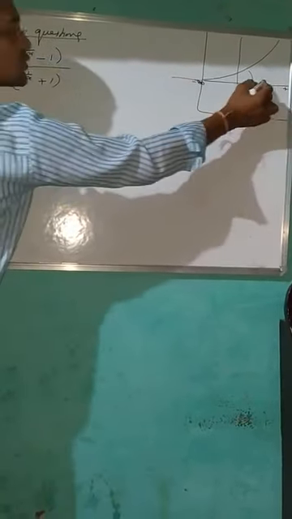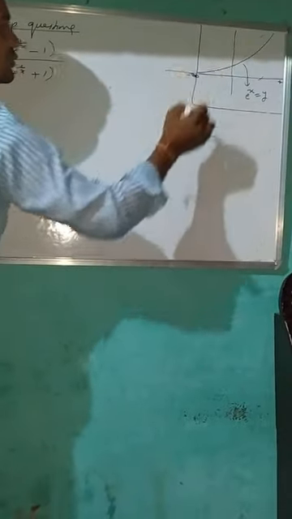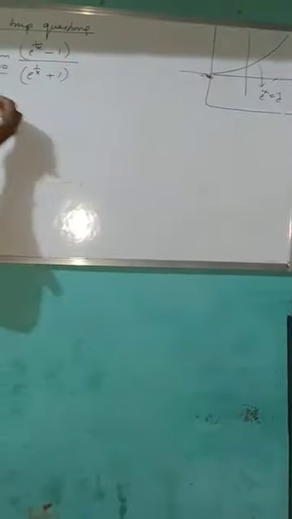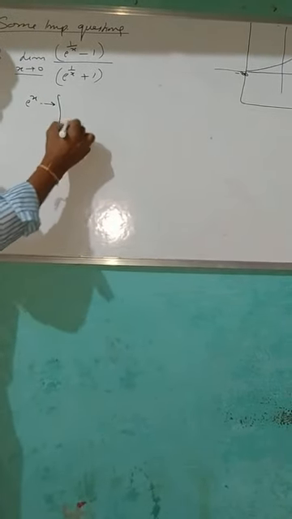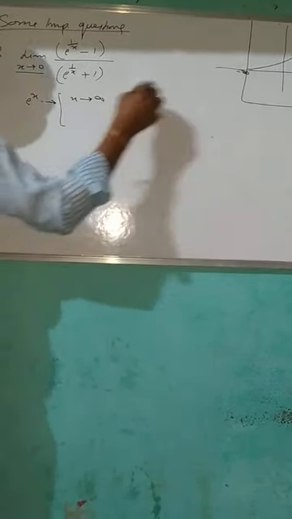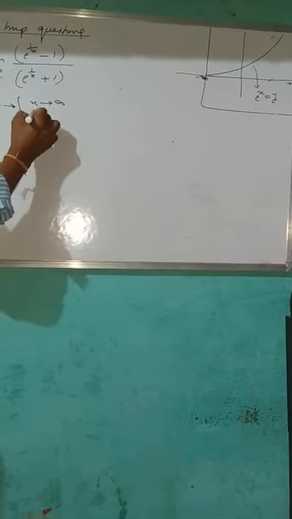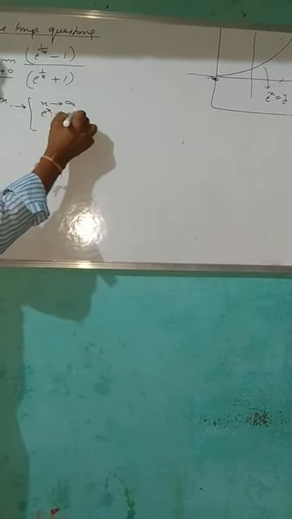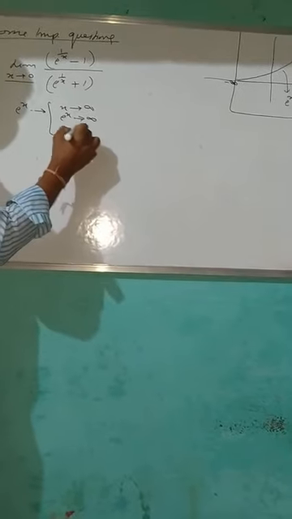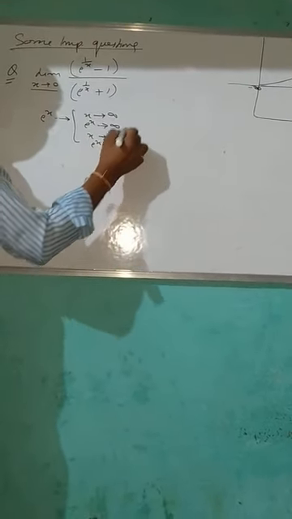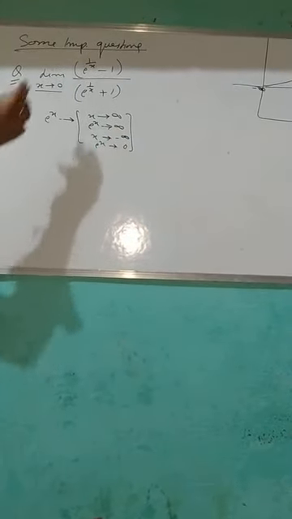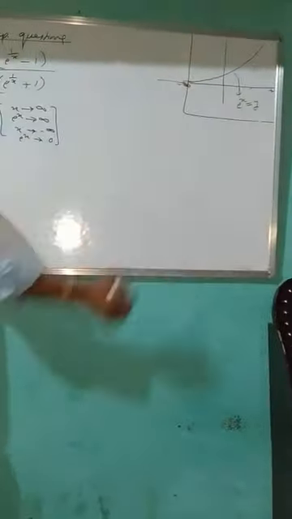When x tends to infinity, then e to the power x tends to infinity, and when x tends to minus infinity, then e to the power x tends to 0. This is the basic condition for the graph of e to the power x.